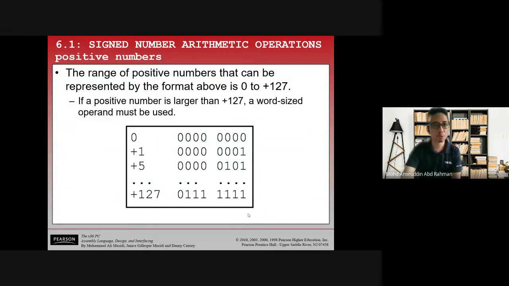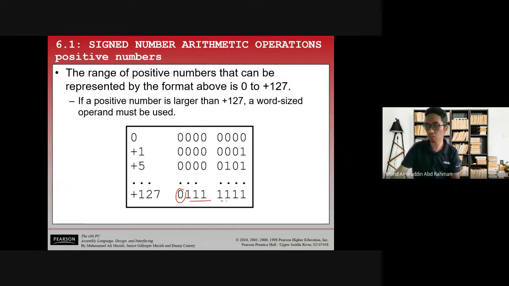So if the positive number is larger than 127, a word size operand must be used. So that's up to 127, as you can see here. We have 8 bits. The top bit here is used for the sign, right?